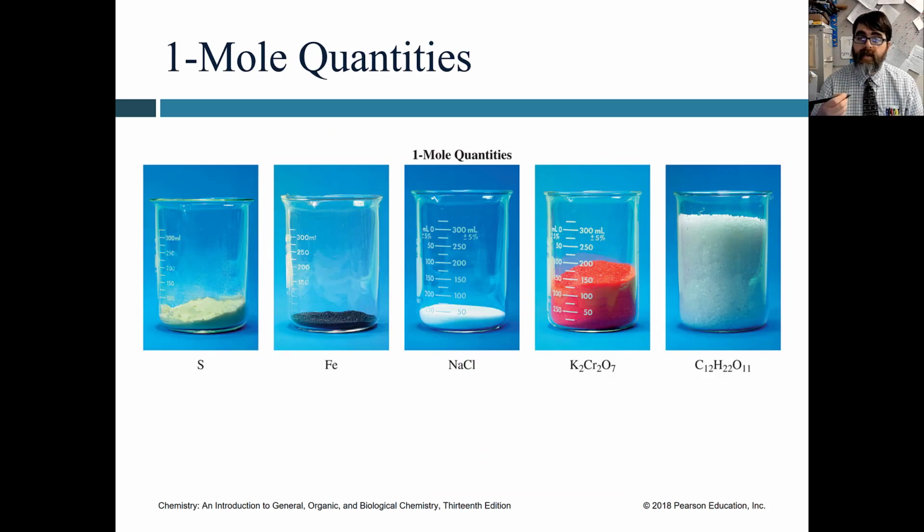So like I mentioned, every element and every molecule made up of elements has a different size and a different mass, and so that means we have a different amount in terms of volume and mass of a chemical for it to be equal to 1 mole of that chemical.